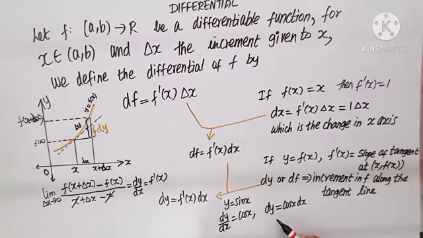And dy equals cos x into dx. So that is the only change. Almost all the problems you will be able to do. The only idea, here I write dy by dx, whereas here I write dy equals f dash of x into dx. Let us remember this and continue doing exercise problems.